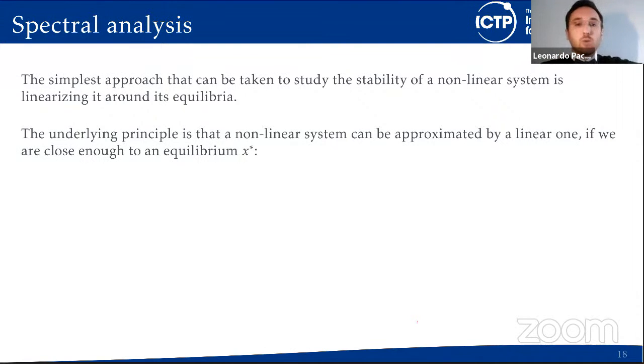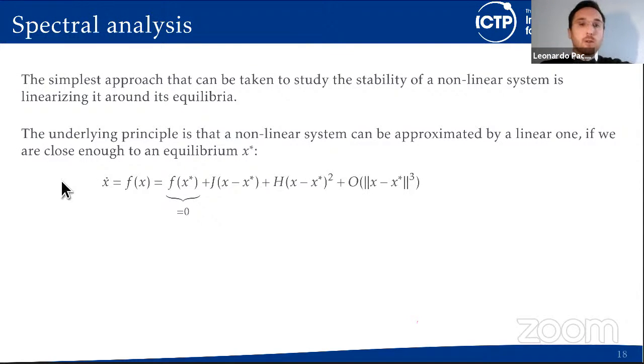So what we would like to do in general is, given our nonlinear system, Taylor expand this function f around an equilibrium. So we will have this term here, which is of course equal to 0 because x star is an equilibrium. Then we will have a linear term, a quadratic term, and then all other sorts of terms.